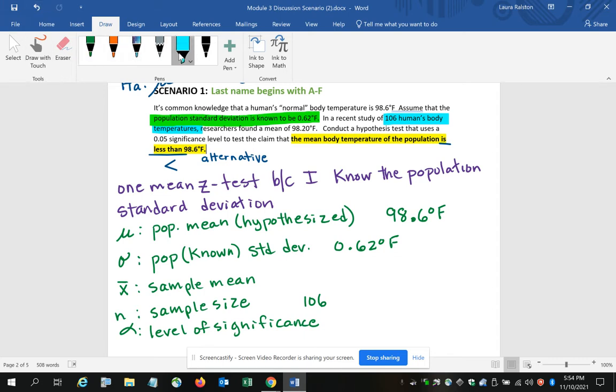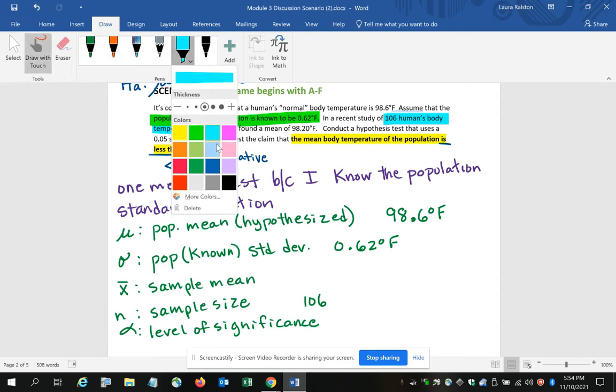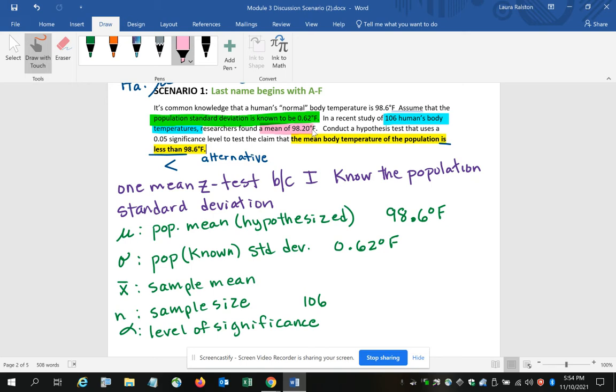Researchers found a mean, and again, for some people that's not as obvious because it doesn't say sample mean, but it's talking about those 106 people. So my sample mean is 98.2 degrees Fahrenheit, and it says use a 0.05 level of significance. So I have all of the information that I need.